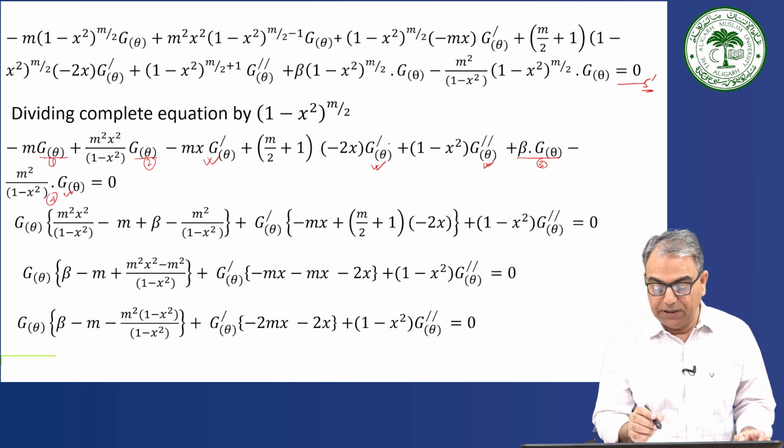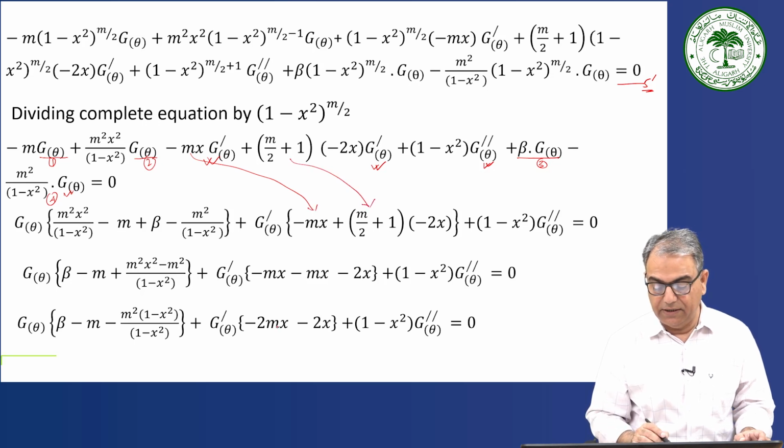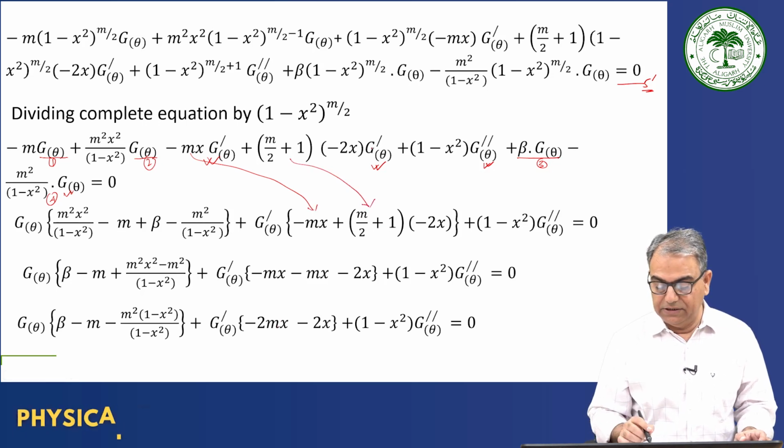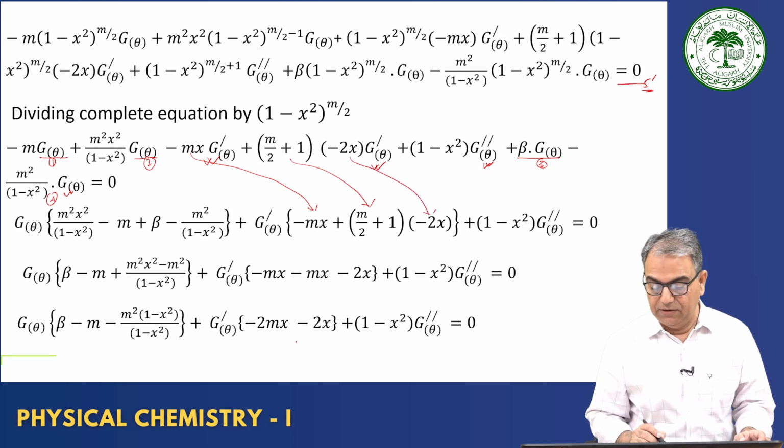For g prime theta, you have these 2 terms. So g prime theta, minus mx is coming from here. Okay. And then m by 2 plus 1 from here. Okay. And then minus 2x from here for g prime theta. Okay.